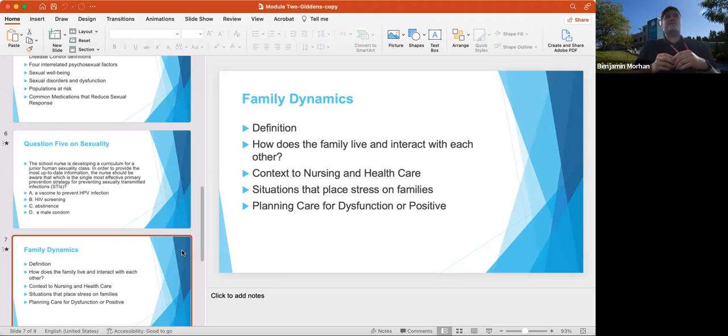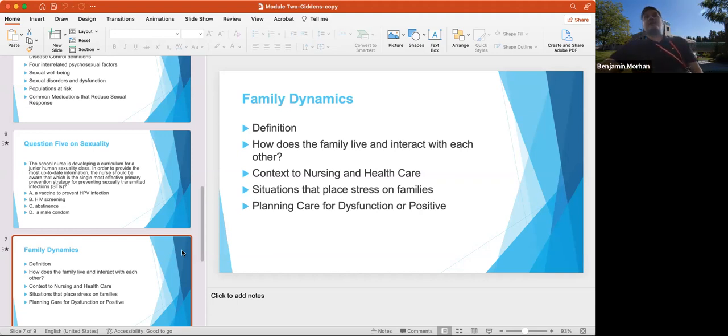This dynamic influences how a person views the world outside their family. RNs must recognize risks, assess situations, and plan and deliver care appropriate to the situation. Some of those situations can be expanding families, such as through childbirth, adoption, or combined families, such as through marriage.